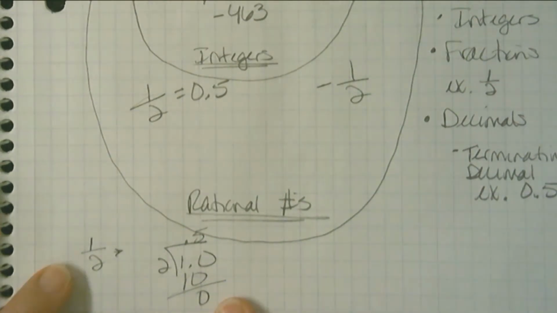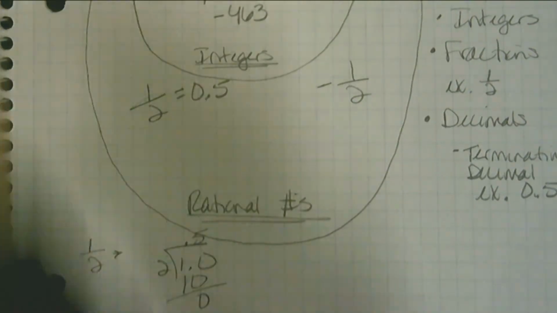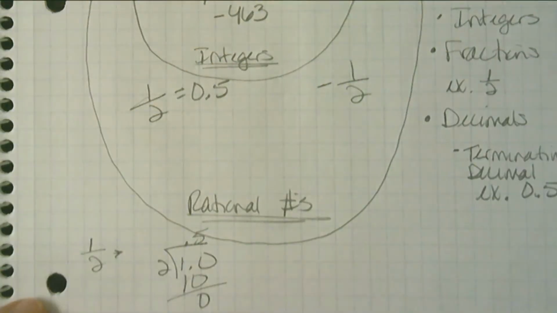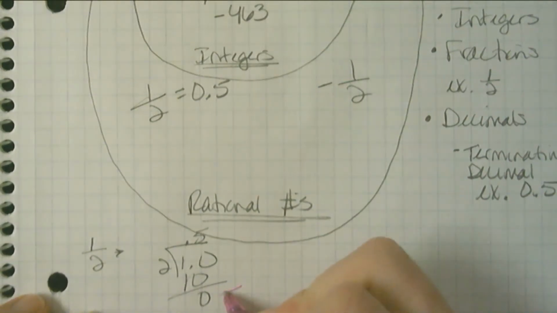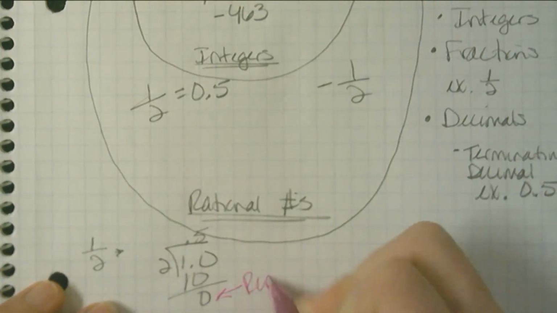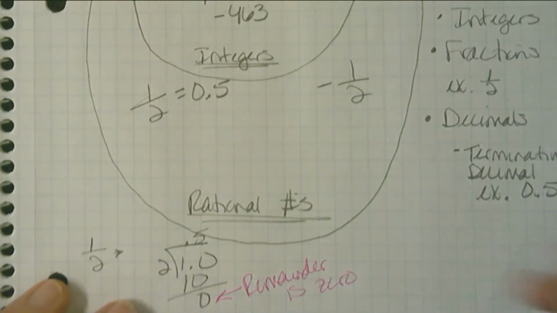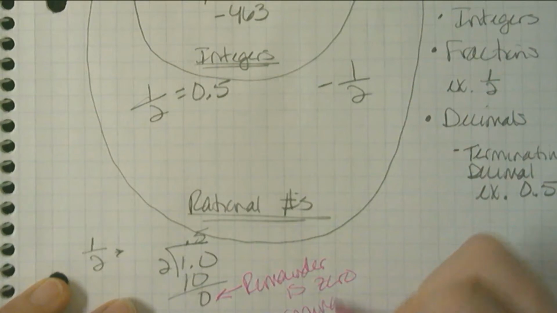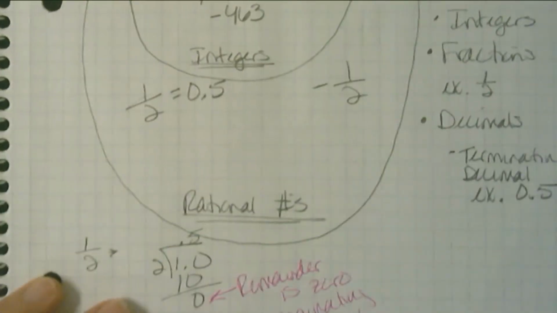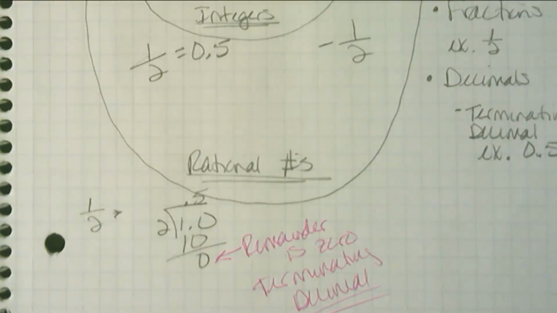This is the easiest question you're getting from me all day. 0 is our remainder. That is what a terminating decimal is. A terminating decimal is when you have a fraction and you're looking for the decimal equivalent, and when you do the division, the remainder is 0.